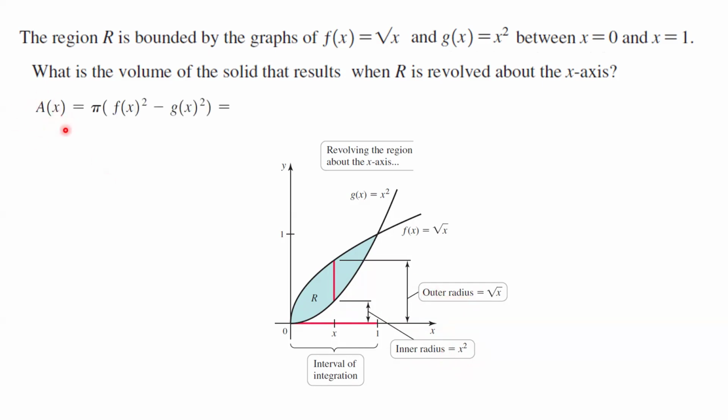To calculate the area bounded between these two, it is pi times the outer radius to the second, which is f of x to the second, minus the smaller radius, which is g of x to the second power.